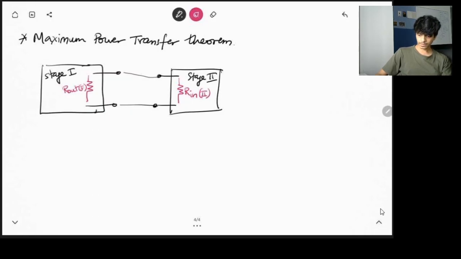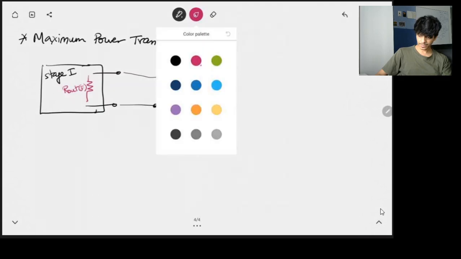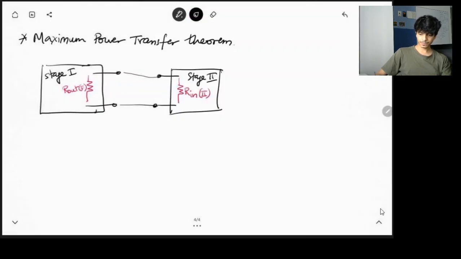Now what the maximum power transfer theorem says is that the transfer of power between these two stages, stage 1 and stage 2, is most efficient when the output resistance of stage 1 is exactly equal to the input resistance of stage 2.